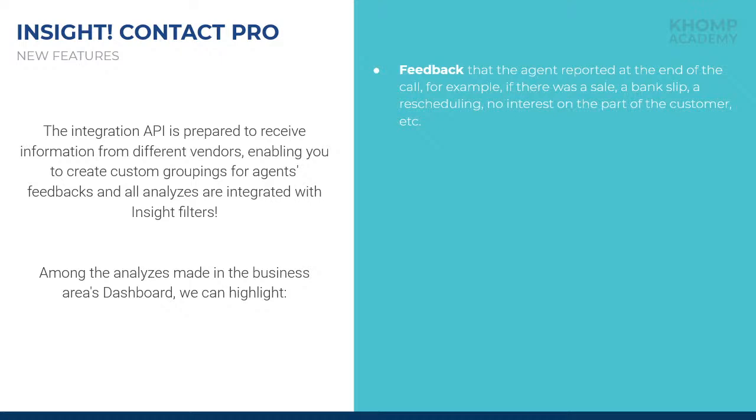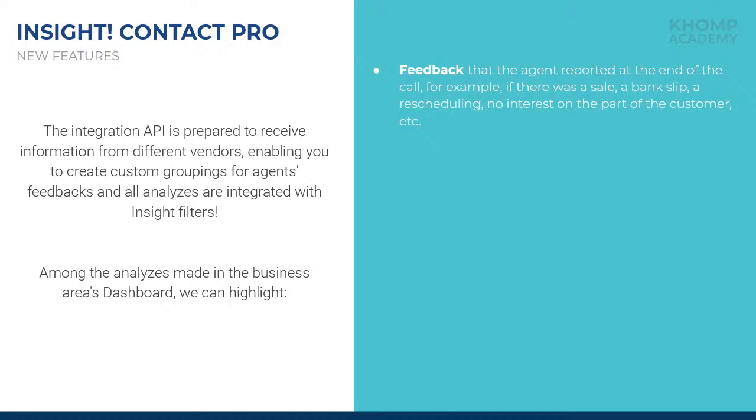So this is something that is new in our Insight, but you have to know that this is licensed. So if you think that the information Insight Contact Pro is giving is a big value, you can contract this license, so you will have access to the API, and you can start developing this kind of integration.